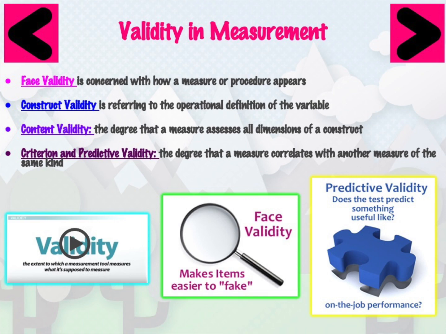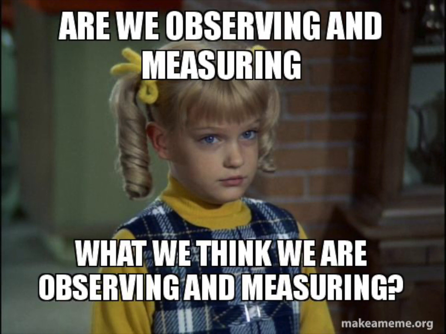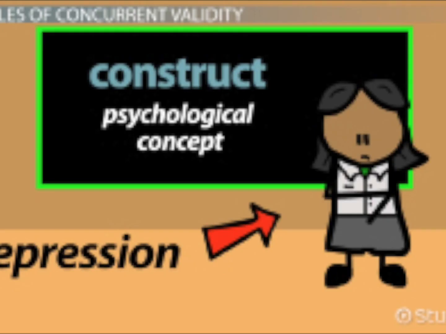Then construct validity refers to the operational definition of the variable. This is the type of validity that my students sometimes struggle with, and it impacts the results of their study, meaning that they're not able to reject the null and support their hypothesis. If we want to measure depression, we need to make sure that we know the symptoms of depression and we ask specifically about those symptoms.